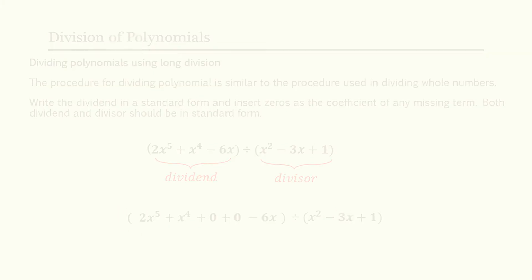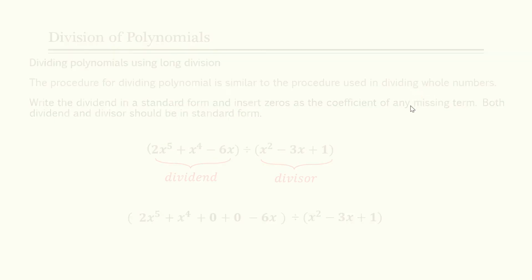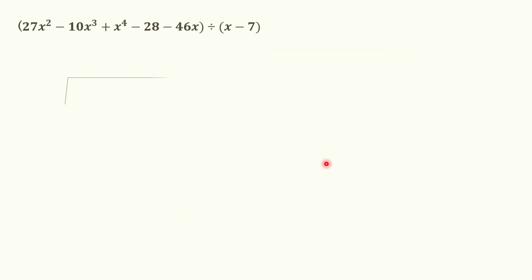And the problem is, how are we going to divide a polynomial? So kunin natin yung example natin earlier, yung 27x squared minus 10x cubed plus x to the fourth minus 28 minus 46x divided by x minus 7. So again, parang sabi nga kanina, let's go back sa slide. Sabi, the procedure for dividing polynomials is similar to the procedure used in dividing whole numbers. So if you remember, when you divide a whole number, kailangan natin yung parang box. Okay?